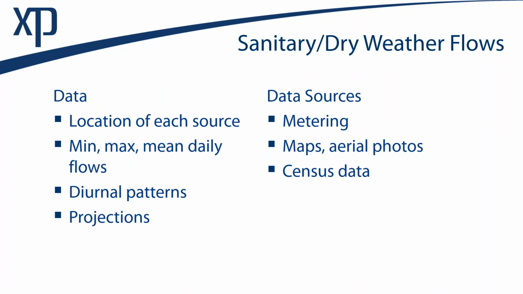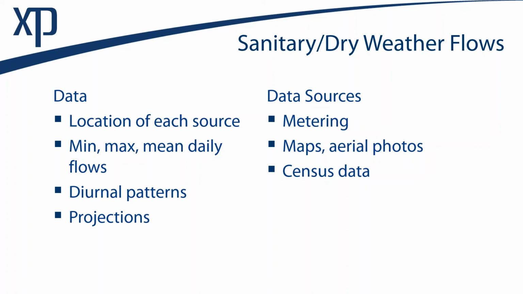The dry weather flows, as far as the data that we need to describe it, we kind of know, we have GIS, so we know the locations. But of course, our dry weather flows are going to follow a diurnal pattern, and typically we'll get that from metering, right? We can estimate that flow based on a number of different things, such as the population that we're serving.